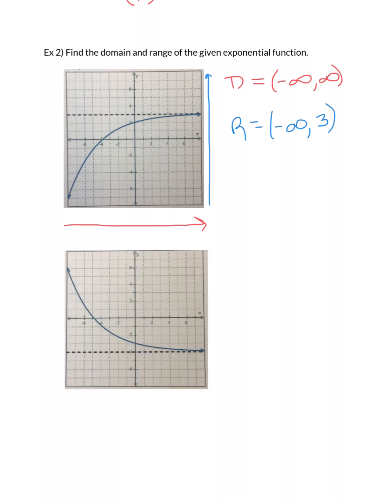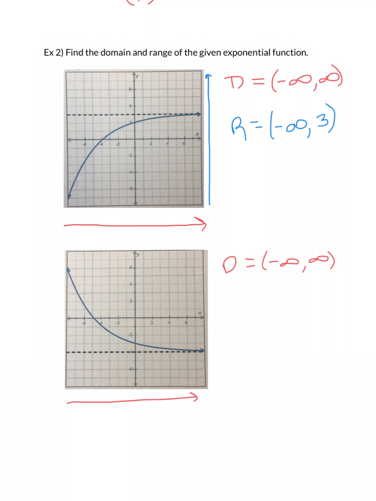For this second graph, when we talk about the domain from left to right, what's happening with this graph? We've got arrows on both the left end and the right end, so it's again all real numbers, -infinity to infinity.